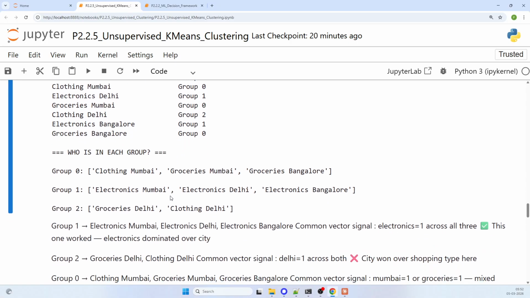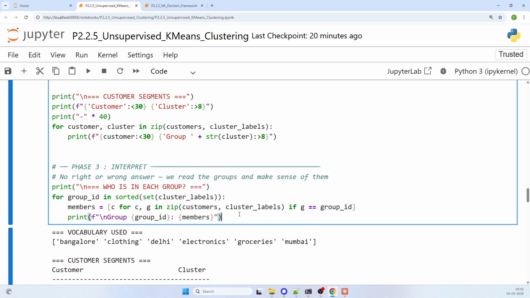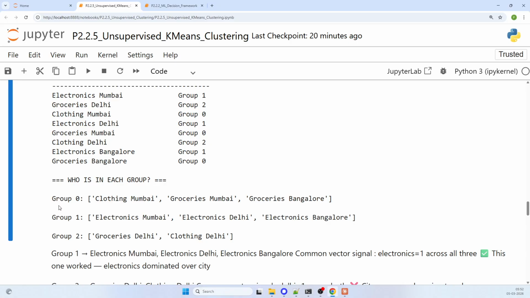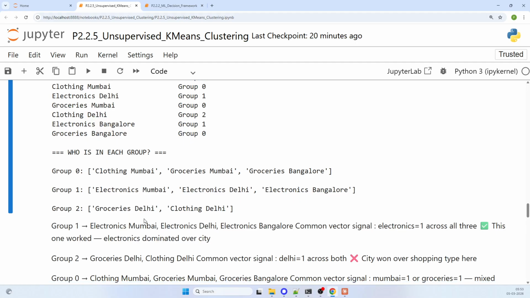For that, I am printing in a different way. For group in sorted of set of cluster labels, I'm using these print statements to get this. So finally in group 0 I have clothing Mumbai, groceries Bangalore. And group 1 and group 2 have this information. Let's start interpreting with group 1.